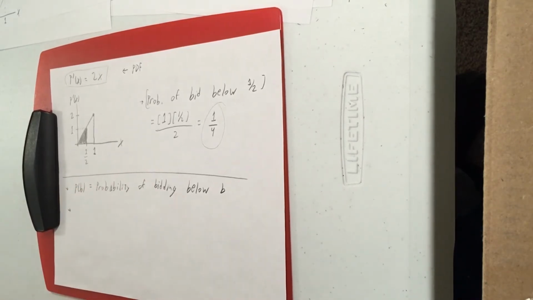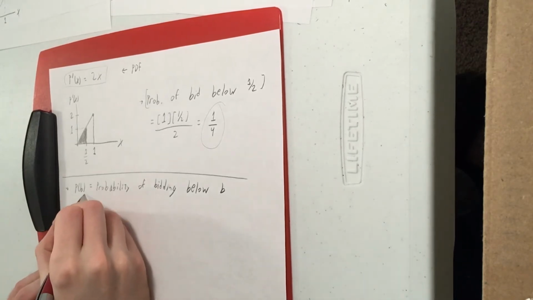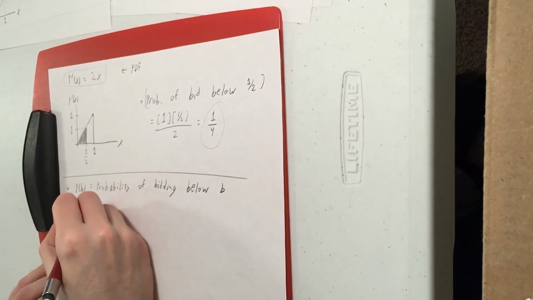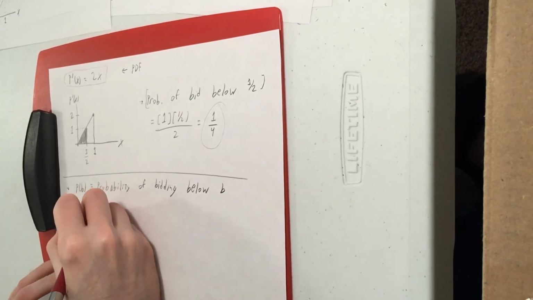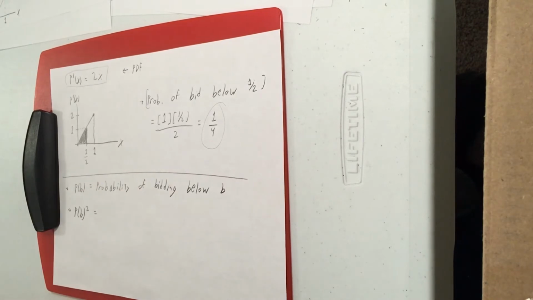So what's the probability of two people bidding below B? So you have to have this happen, and then you have to have it happen again. So P of B squared is going to be that probability. So might have to think about a more concrete example.